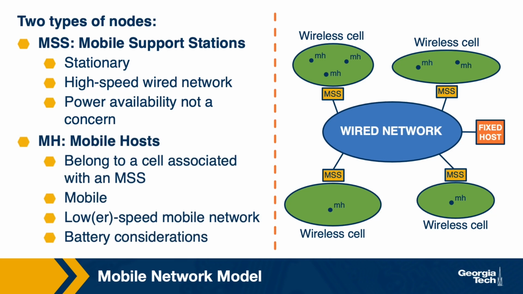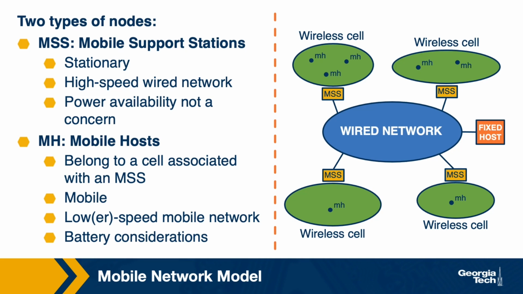And then there are also the mobile hosts. These would be the actual mobile devices, the smartphones, for instance. First of all, when the mobile hosts are connected to this network, they're typically associated with one of these mobile support stations. We connect to the wireless network via an access point, via a base station. The nodes are mobile, so over time they can transition from one of these cells to another.